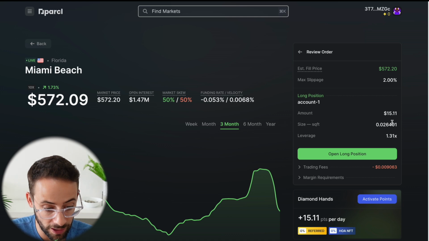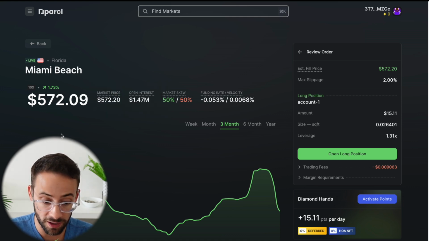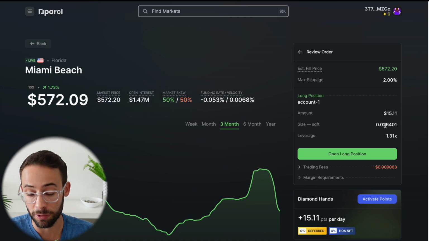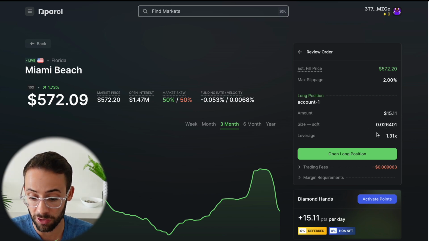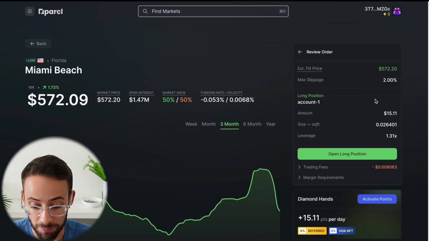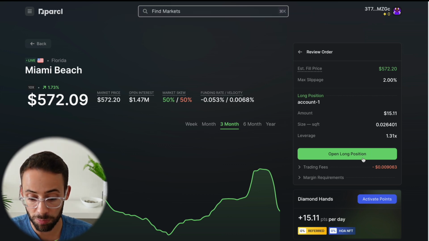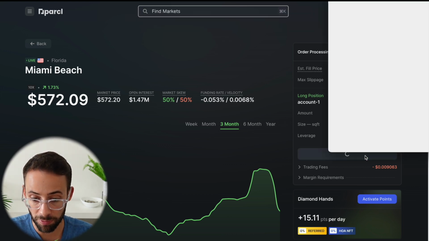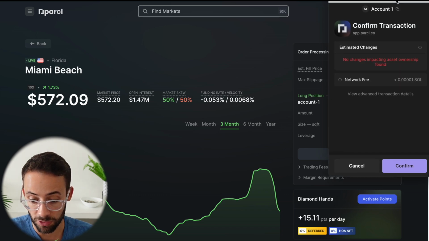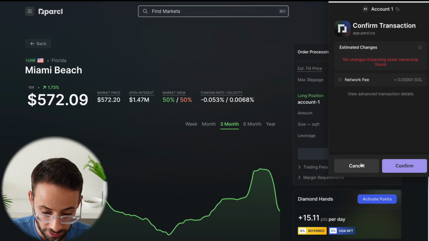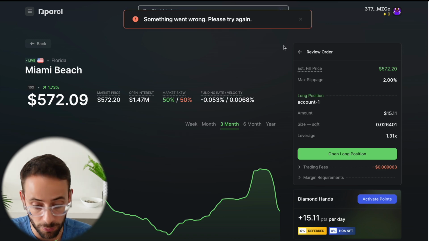And so since I don't have nearly enough to buy one entire square foot, I would be theoretically buying a small fraction of a square foot with the small amount of money that I actually have on the platform. So let's say I was happy with this trade, I would hit open long position and it would pop up in my wallet asking me to confirm the transaction. Now, I'm not gonna do that right now because I wanna show you a few other things first.